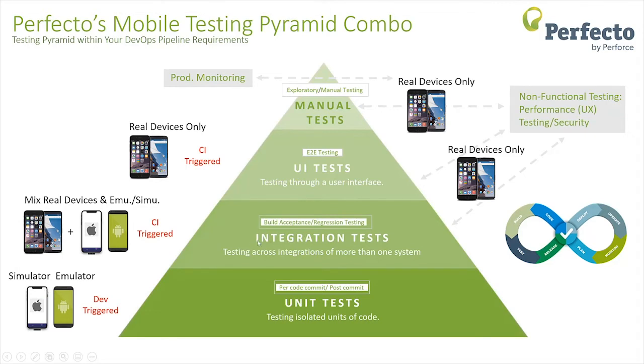Doing the integration testing, you start mixing in real devices with the virtual devices, and as you climb up into the end user experience testing, UI testing, performance and availability testing, and also exploratory testing, this is where you need to focus only on real device testing, including production monitoring, so you get the full end user experience and the real quality visibility into what's going on.